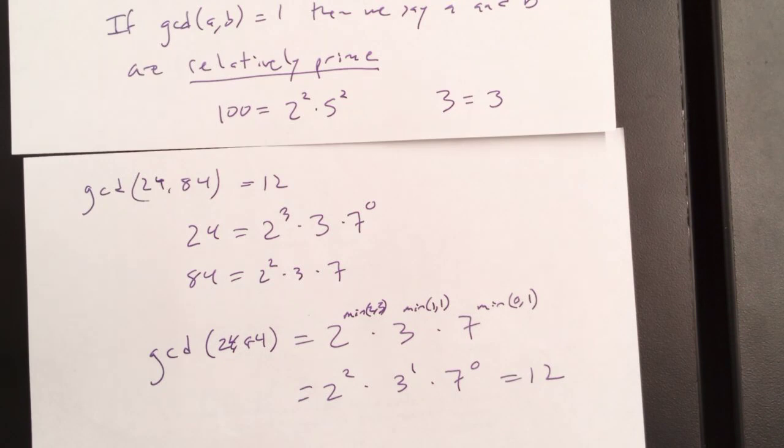If I can do the prime decomposition, I can get the greatest common factor just by looking at the primes. This is much faster, but it requires me to know the prime decomposition.